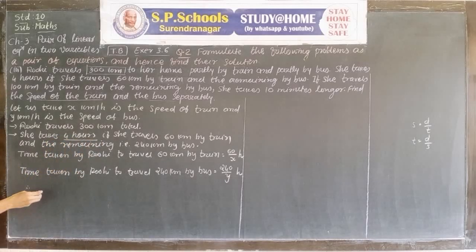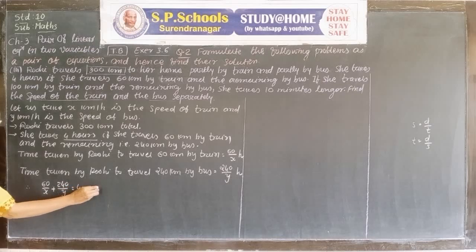That's why our equation is 60 upon x plus 240 upon y is equal to 4, which is our first equation.